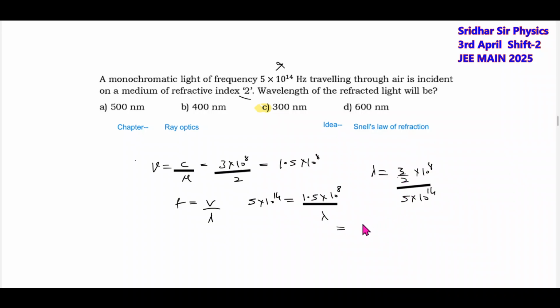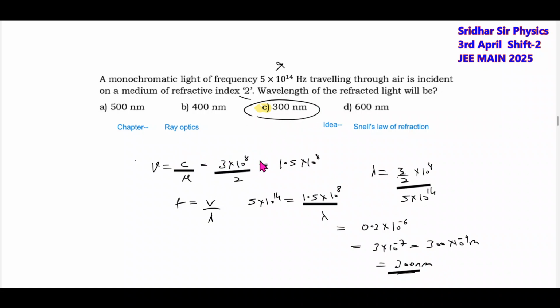That is 3 by 10, or 0.3 into 10 to the power of 8 minus 14, which will be 10 to the power of minus 6. This can be adjusted as 3 into 10 to the power of minus 7, or 300 into 10 to the power of minus 9 meter, or 300 nanometer.